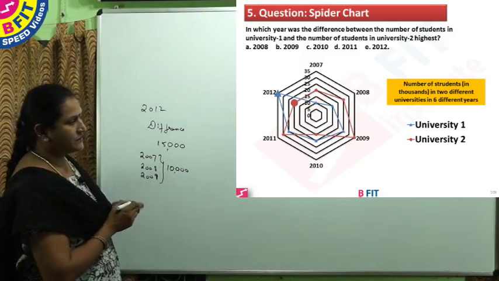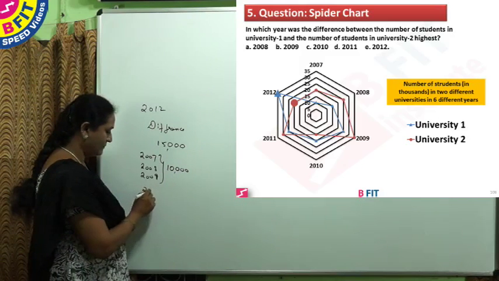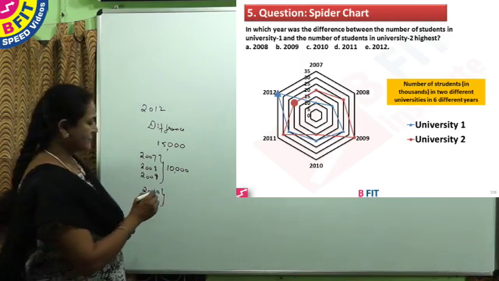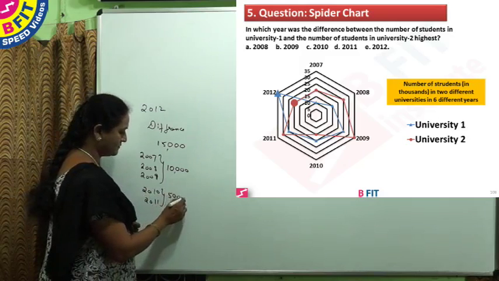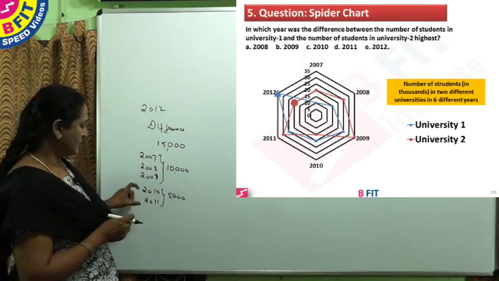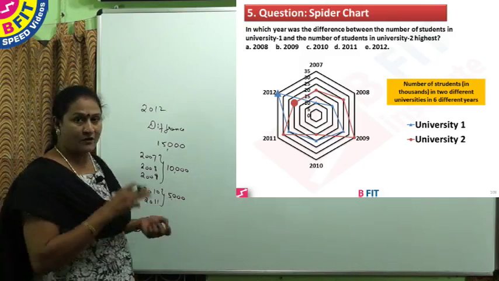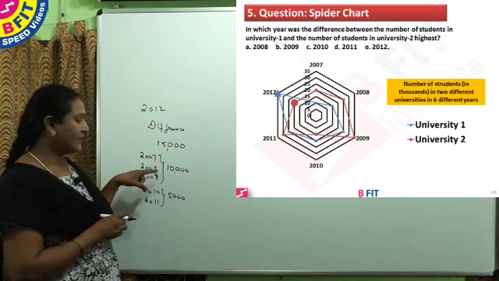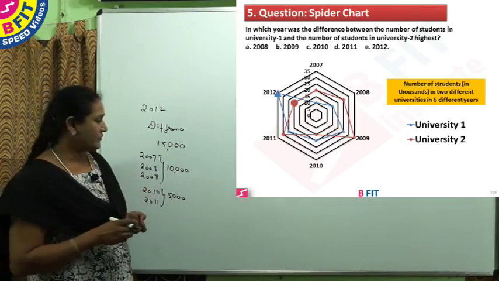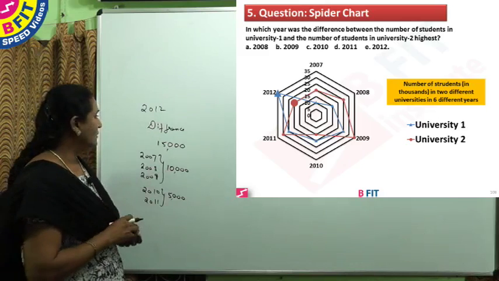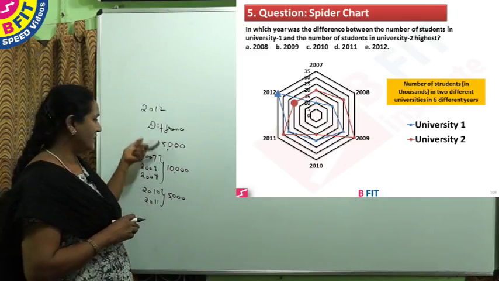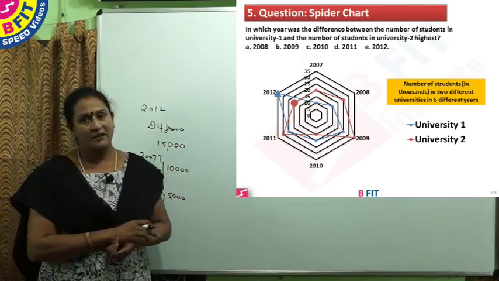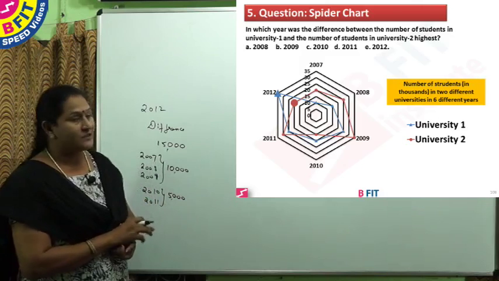For the years 2010 and 2011, the difference is 5,000. In the year 2012, the difference was 15,000. So in the year 2012, the difference between the number of students in both the universities was the highest.